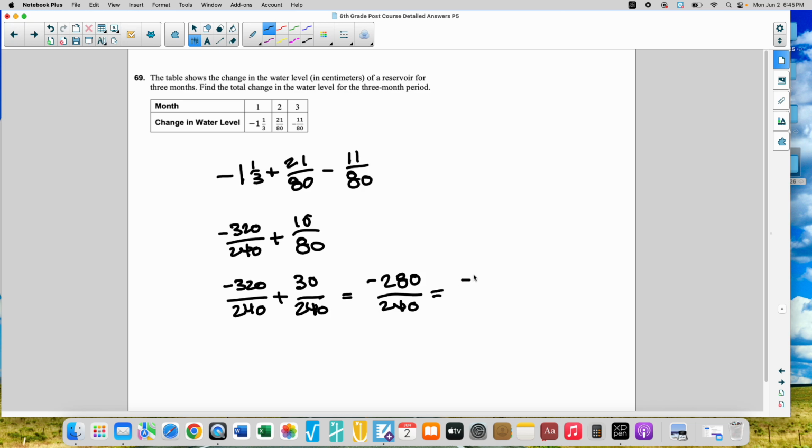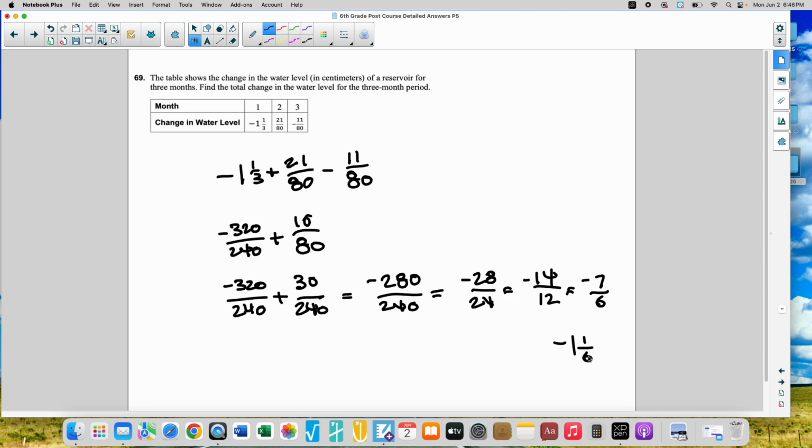Divide by 10 over 10 is negative 28/24. Reduce it by 2 is negative 14/12, which equals negative 7/6, which equals negative 1 1/6.